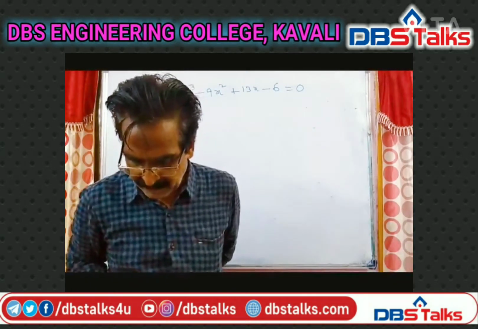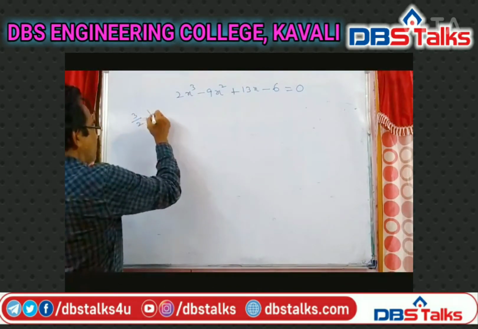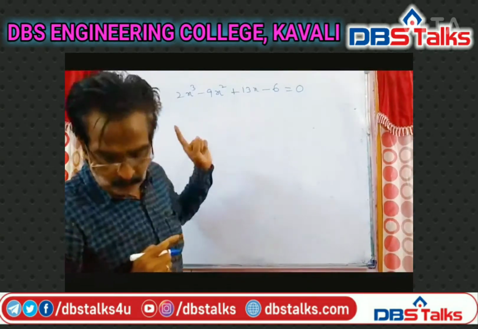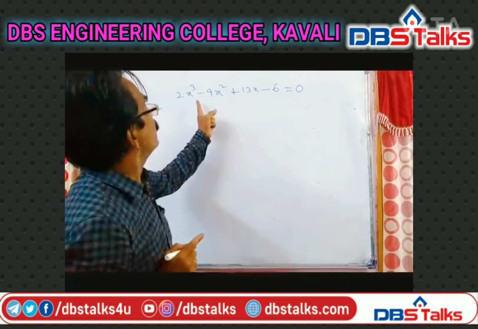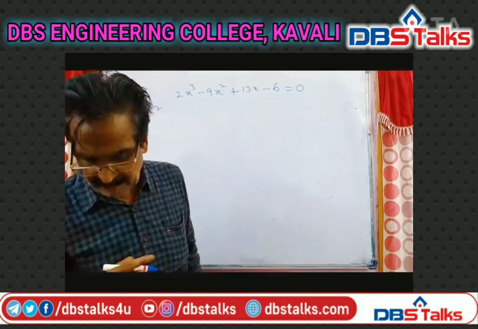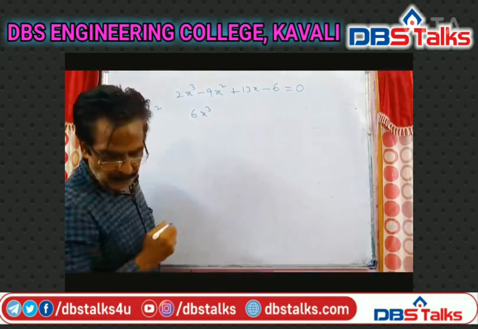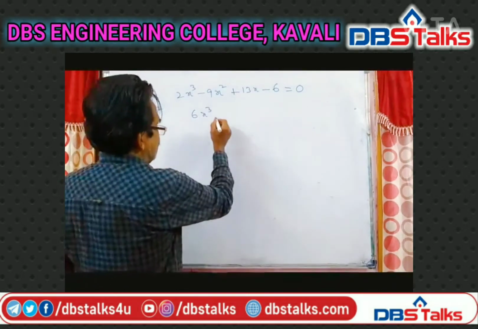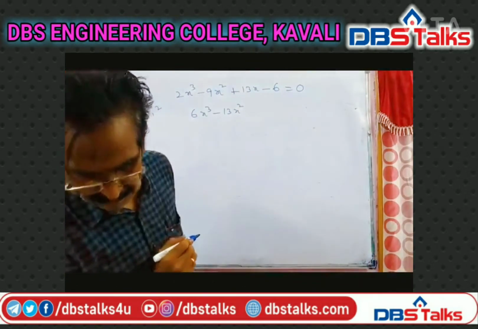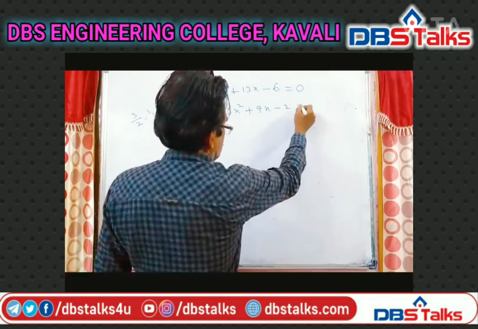The question is, friends, if 3 by 2, 1, 2 are the roots of this polynomial, then what are the roots of the equation 6x cube minus 13x square plus 9x minus 2 is equal to 0?